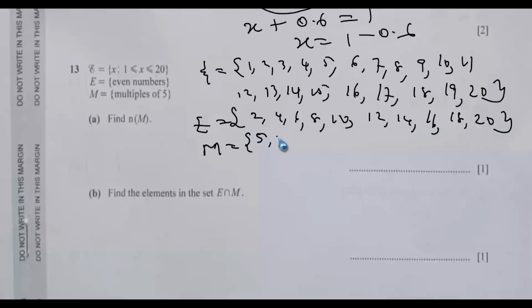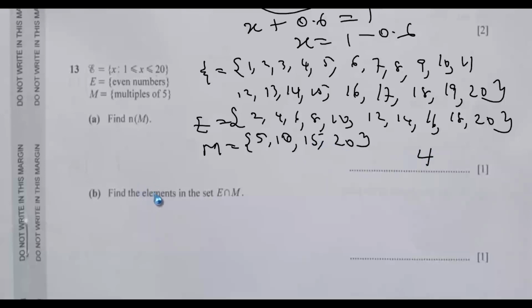That's 5, 10, 15, and 20. So find the cardinality of set M. That is the number of elements or members in the set M. As you can see, you just have 4 of them here. So that means the cardinality will be 4. So I'll put 4 here.